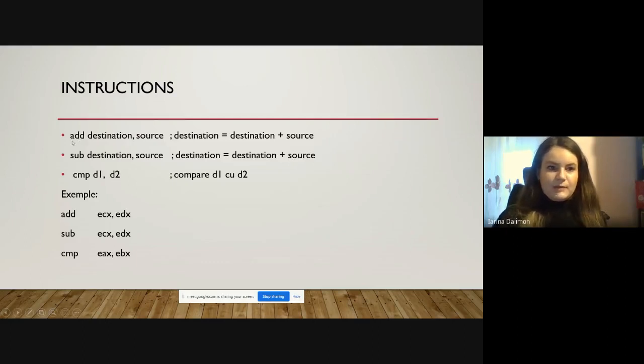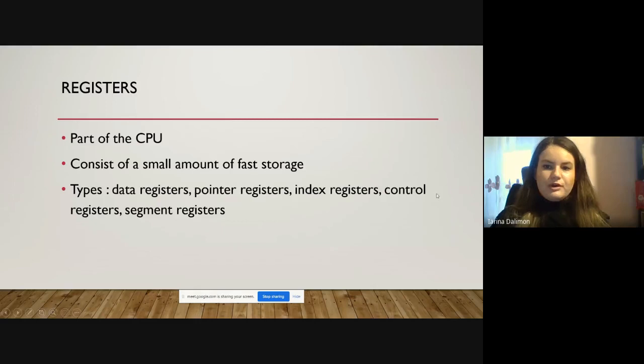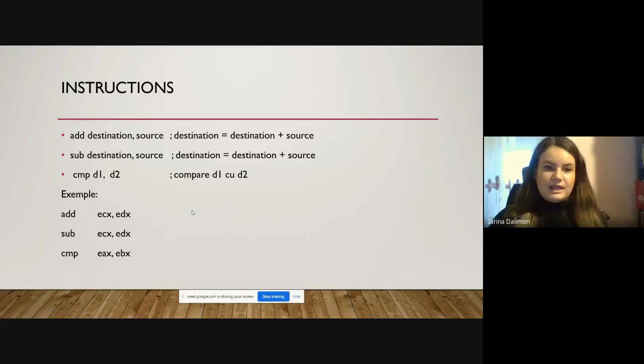We also have sum, for which we use add, and cmp, which compares D1 with D2. After that compare, if D1 is smaller than D2, a flag is set in the control registers that I talked about earlier, and this is how we know which one of them is bigger or if they are equal.